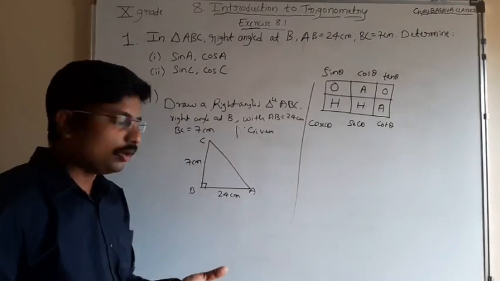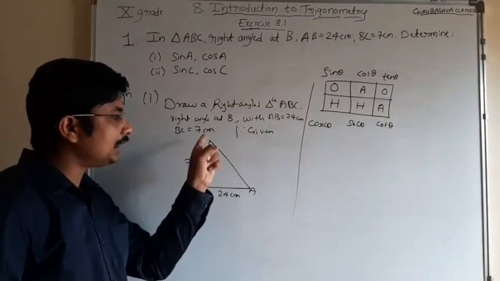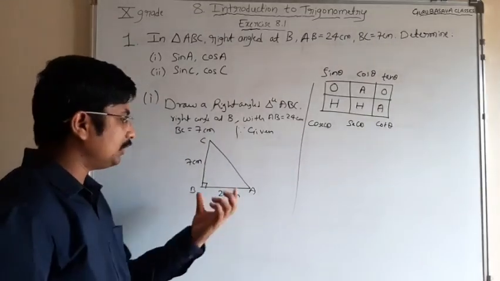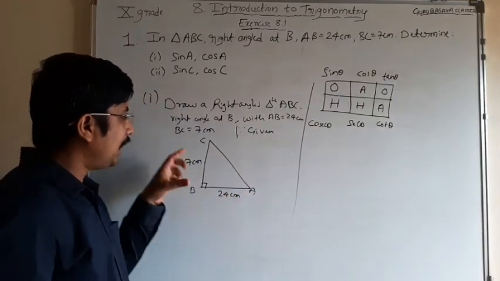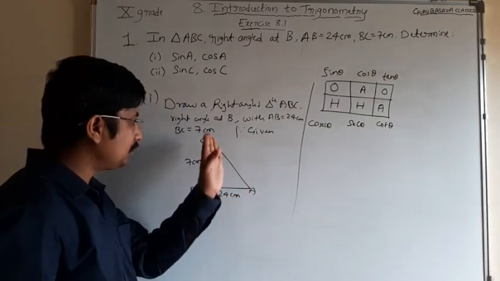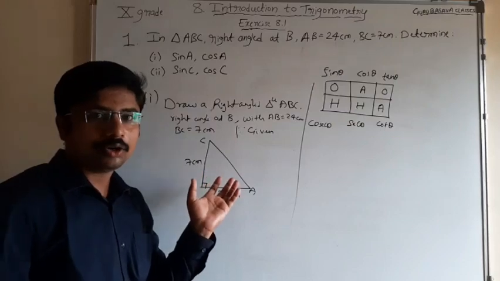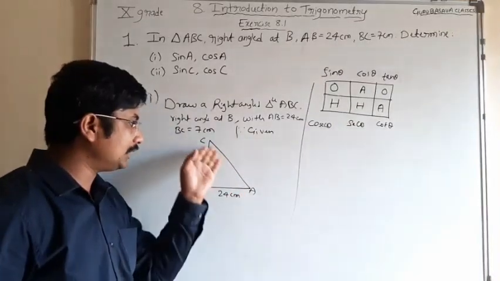With the help of Pythagoras theorem, we will find the third side, that is AC. Because we know side AB and side BC, but the third side is not mentioned. What is the length of side AC?